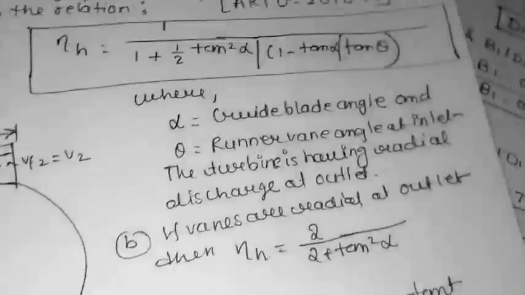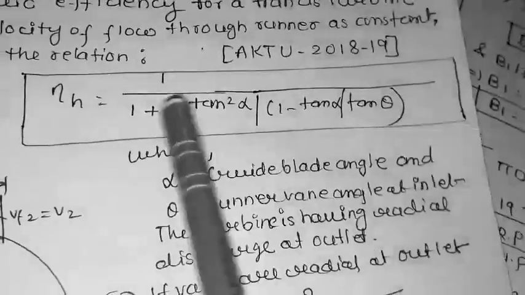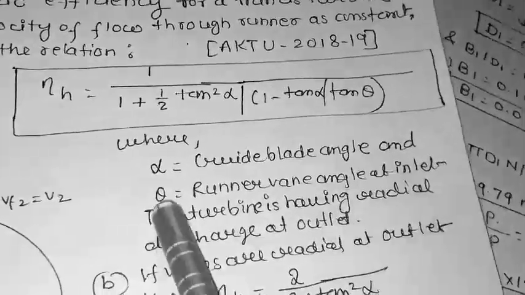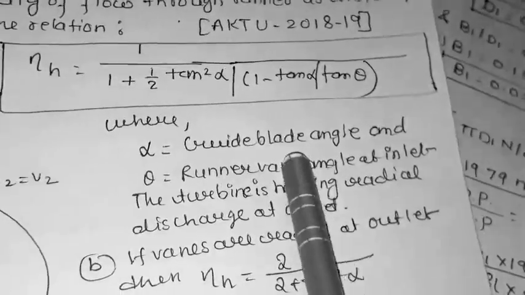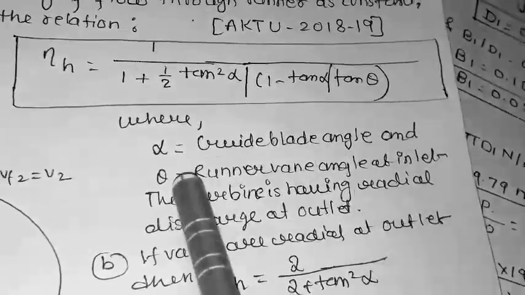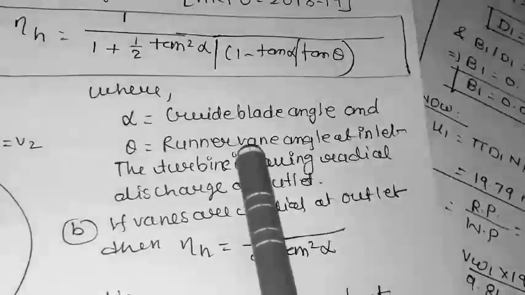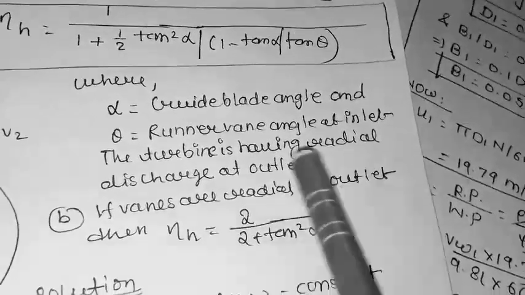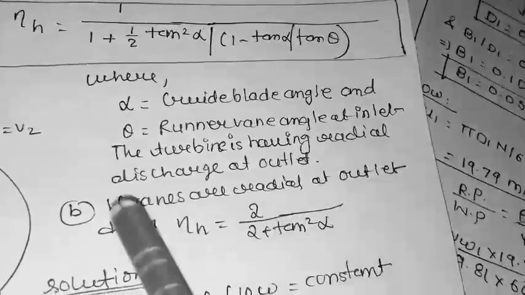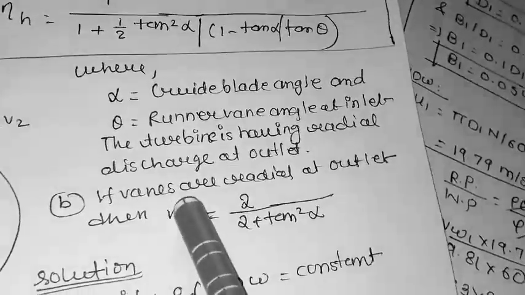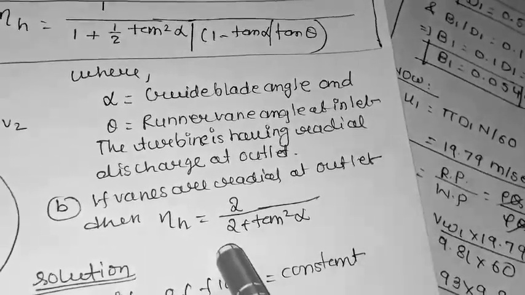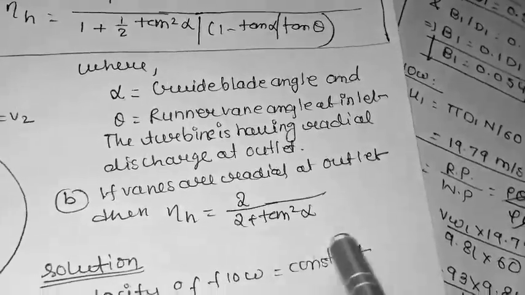Now see, we have to prove that the hydraulic efficiency is equal to this expression, where alpha is the guide blade angle at inlet, theta is the runner vane angle at inlet. The turbine is having radial discharge at outlet, already told you. If vanes are radial at outlet, then the hydraulic efficiency is equal to 2 upon 2 plus tan square alpha.